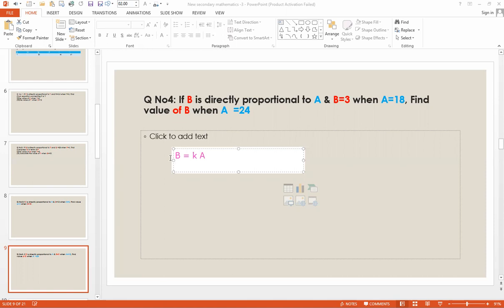Okay. So here the values are given. What is the value of B given? The value of B is given 3. And what is the value of A given? The value of A is given 18. So for finding the value of k, simply you have to divide 3 by 18, and after that you are able to find the value for k.